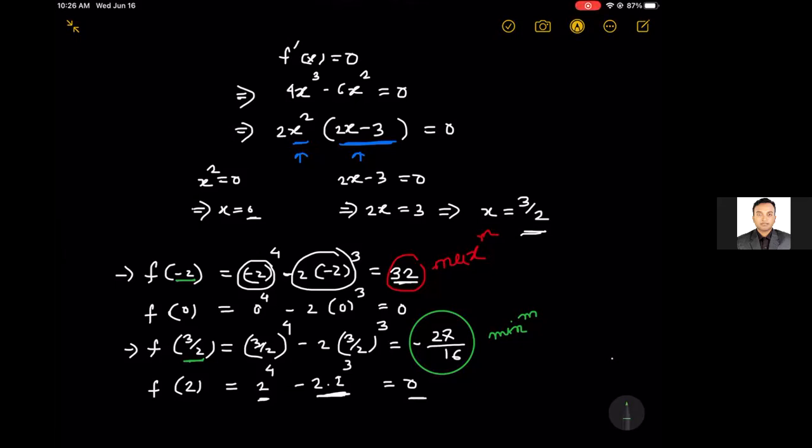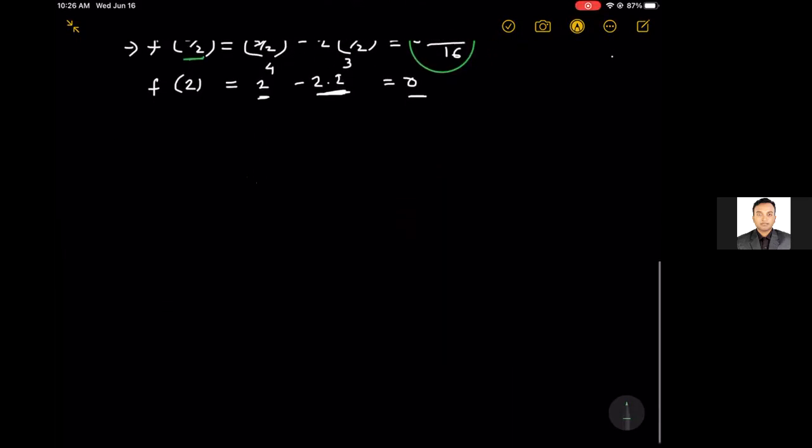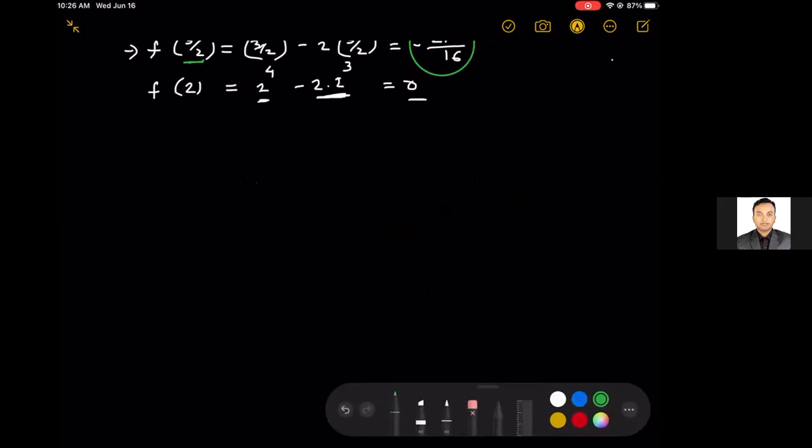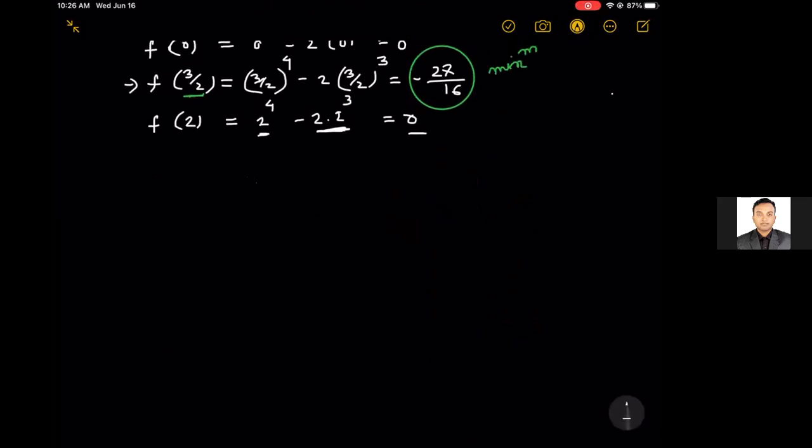Okay, let's see what I meant when I said the derivative will not exist for some points. One very good example, let me generate one.